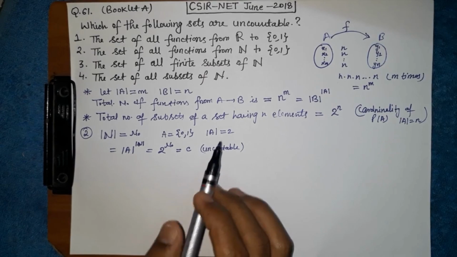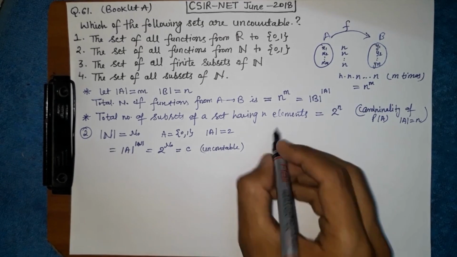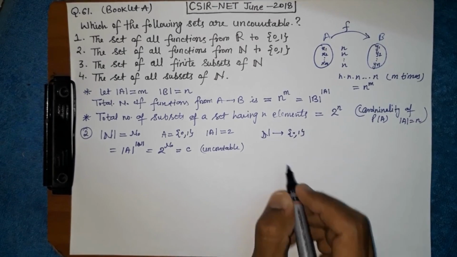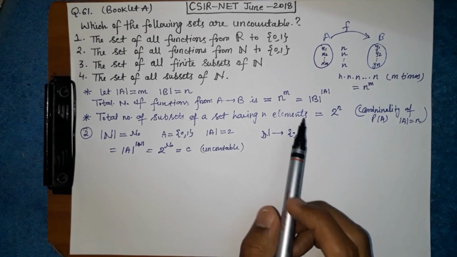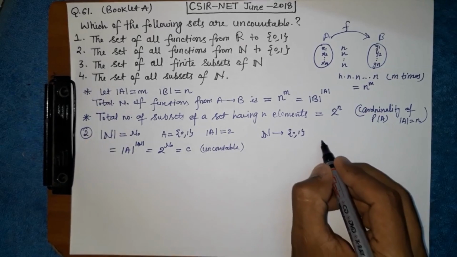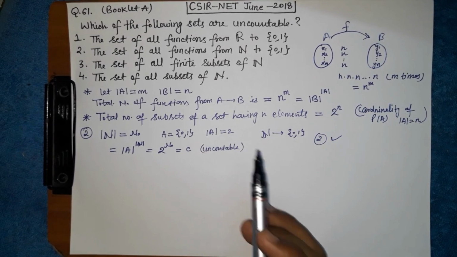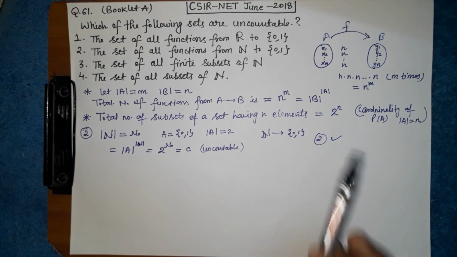So the total number of functions from N to {0, 1} is uncountable. So this option number 2 is correct.